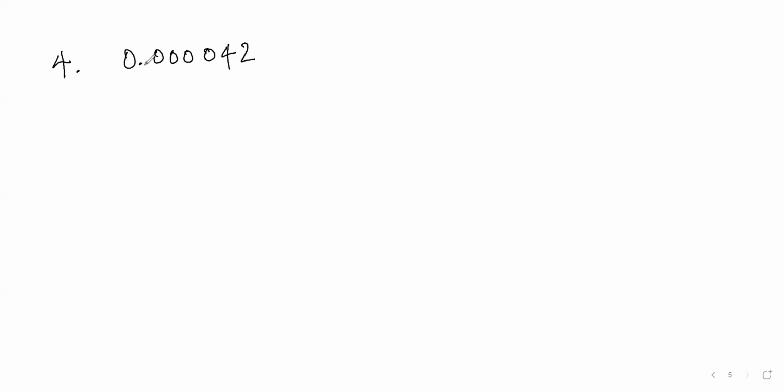Now we move the point in another direction, but we still want to get the value of the number between 1 and 10. We're still counting: 1, 2, 3, 4, 5. So this is 4.2 by 10 to the negative 5.